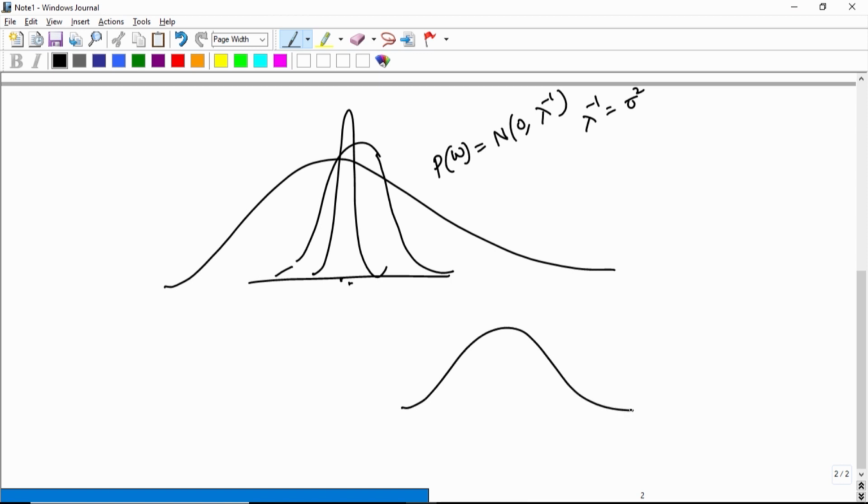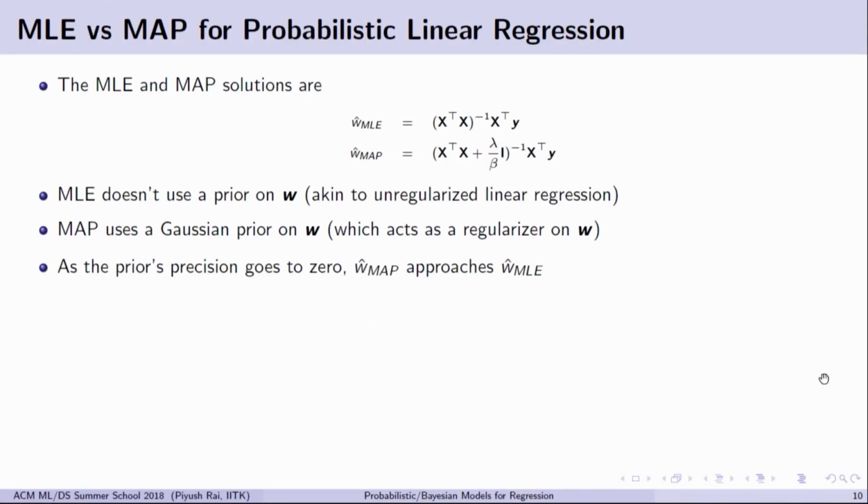If the precision becomes very, very small, then the variance has become very, very large. So the Gaussian will become something like this, a very flat distribution. What this flat distribution means is that there is no preference that we are assigning to any specific value of W. There is no prior information we have about that. We expect that every value of W is equally likely, okay? Which means that we are effectively doing maximum likelihood without any regularization in the model. Which is why you can see that if lambda goes to 0, the MAP solution becomes equivalent to the MLE solution.